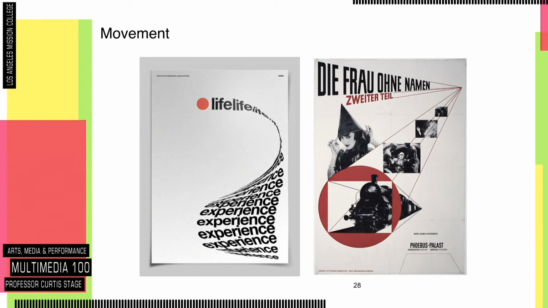Two more great examples of movement. Love this, really text-based on the left. It doesn't have to be objects that we normally think that move. Text doesn't normally move in our world. We make it move as artists or designers or motion graphics artists or filmmakers. So here we're really implying that life experience has this movement to it. And the movement in the one on the right, this is fantastic, right?